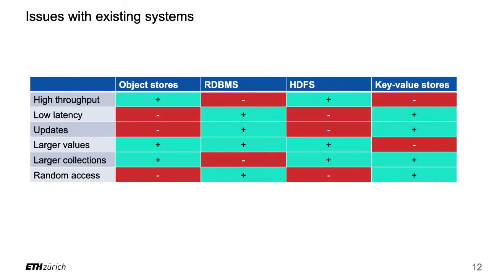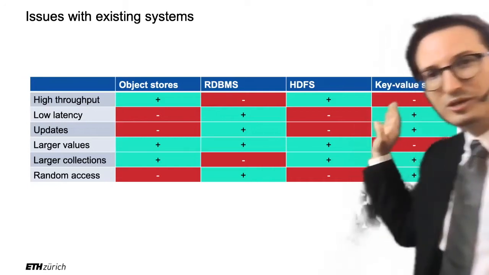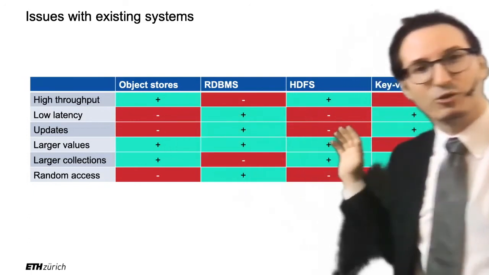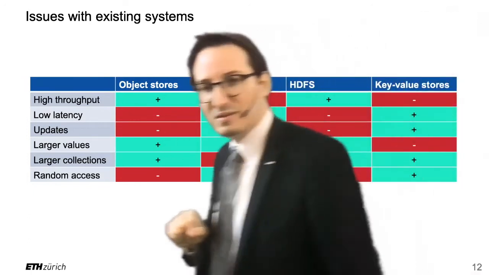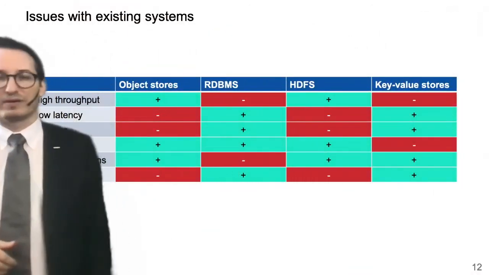Now, you could think that we've already solved that kind of problems with plenty of technologies we've looked at so far. Remember object stores, Amazon S3, Azure Blob Storage. Remember HDFS. Remember DynamoDB, so the key value stores. But the problem is, there is always something that is wrong in there.